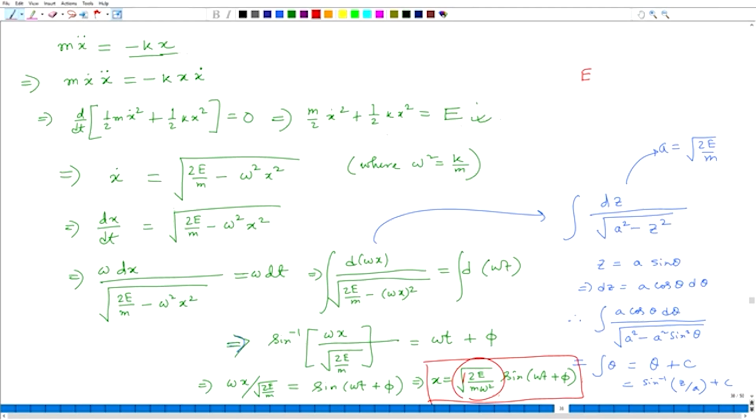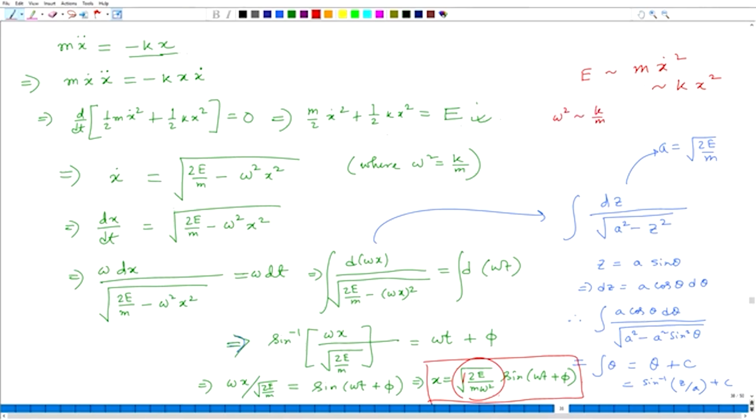has a dimension of m x dot square and has a dimension of k x square. Okay. And also we are saying that omega square is having a dimension of k by m.